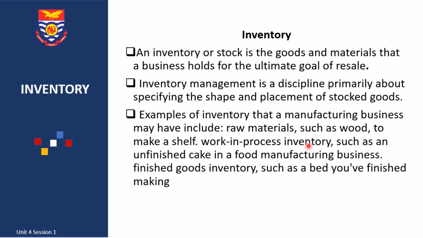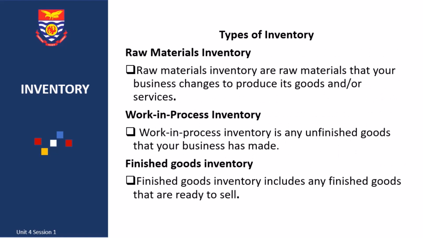Work in process inventory, which could be an unfinished cake to a cake manufacturer, and then inventory could also be in the form of finished goods, such as the bed that a carpenter has finished making, among others.